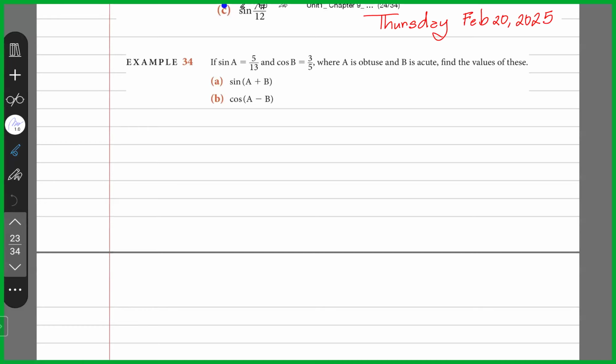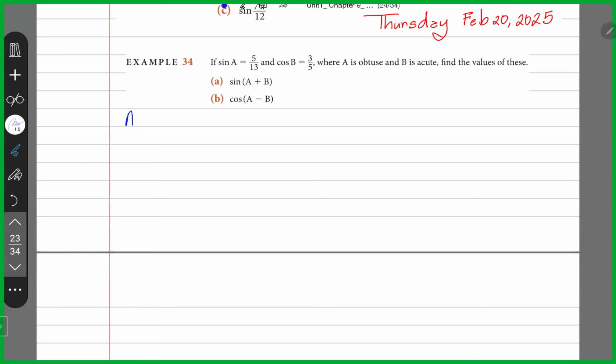So the first question we're going to look at today is example 34. Now, example 34 says that if sine A is equal to 5 over 13 and cosine B is equal to 3 over 5, and that A is obtuse.